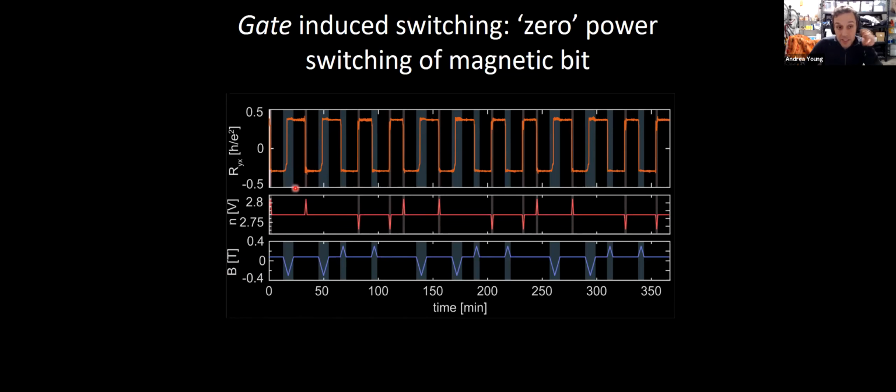You can switch the sign of this anomalous Hall in a non-volatile way, either by ramping the magnetic field so that it switches to the other state, or by a little excursion in the gate voltage. So you can make this magnetic bit flip up and down just using a gate voltage. Every time there's a little red spike, what you've done is flip this magnetic bit.